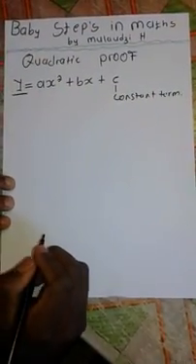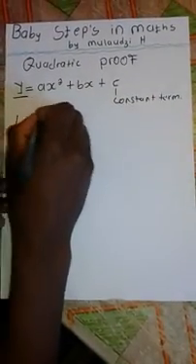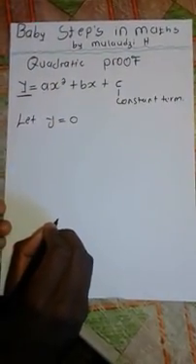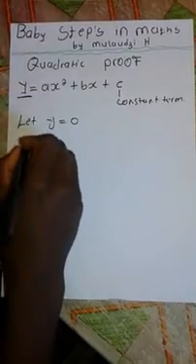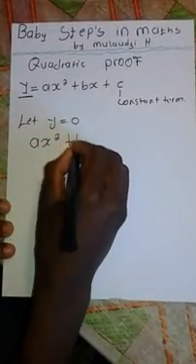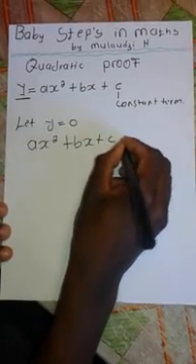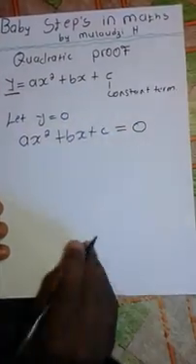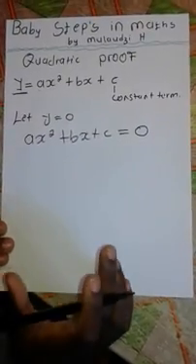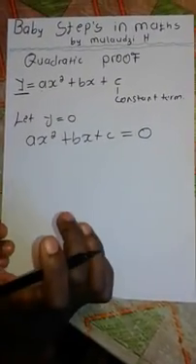Okay, now let y equal to 0, and then if y is 0, it means that we are going to have ax squared plus bx plus c is equal to 0. Okay, bear in mind that our objective is to be left with x.